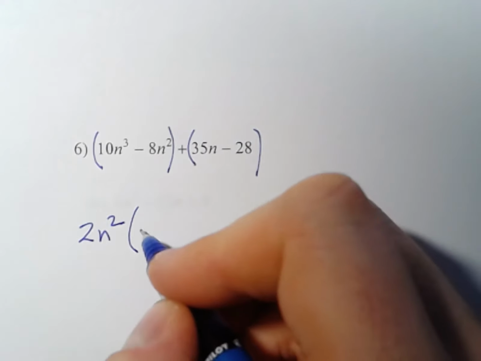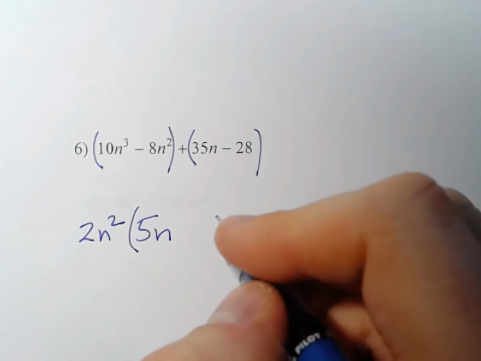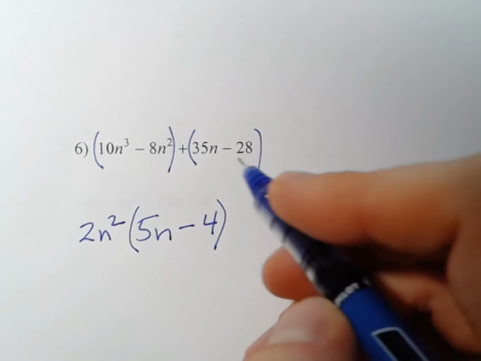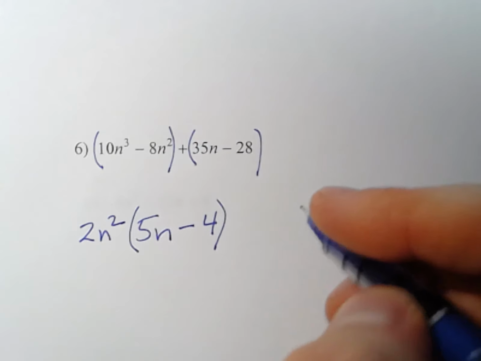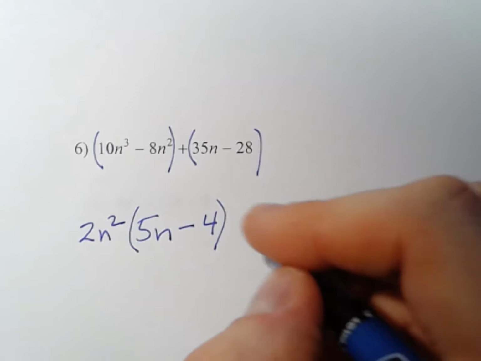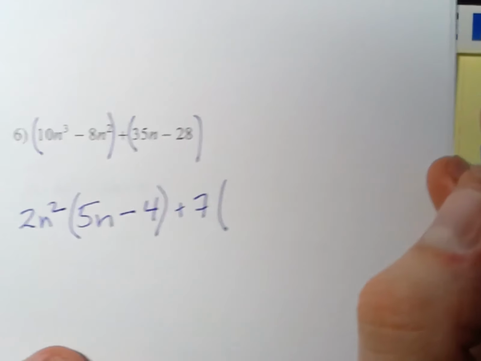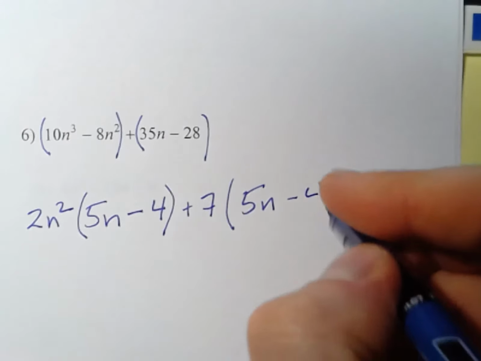That leaves me with a 5n and a negative 4. And then in the second group, I have a 7. So if I pull out a 7, that's going to leave me with a 5n and a minus 4.